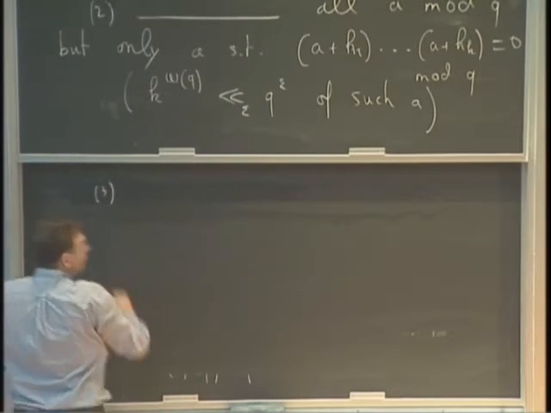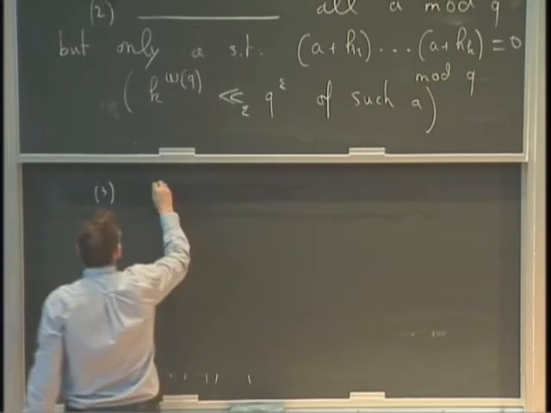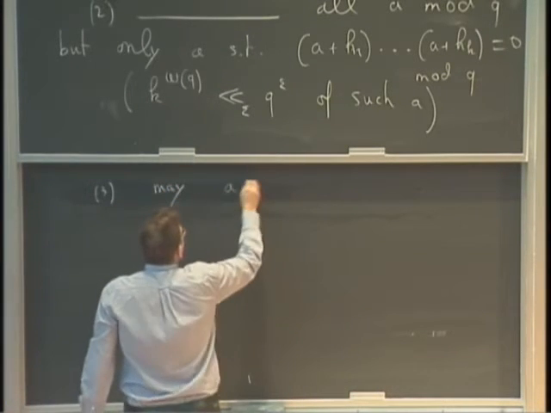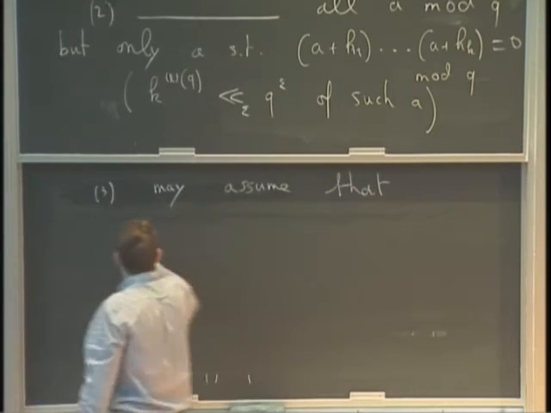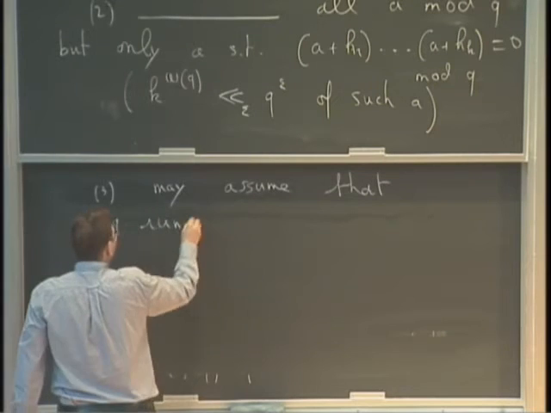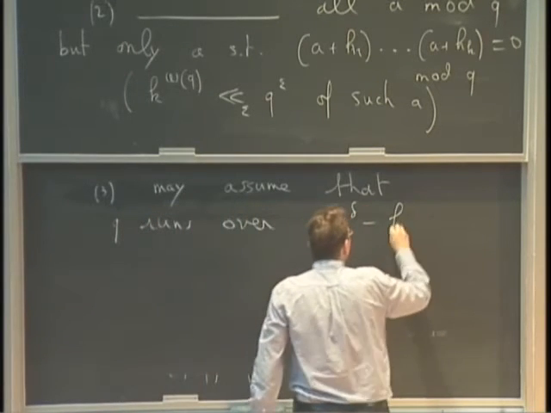And the third thing is much less obvious. So the fact that you can take A to be that just follows from the method immediately. Much less obvious is that you can assume that Q runs over smooth numbers, so more precisely, arbitrarily variable numbers.